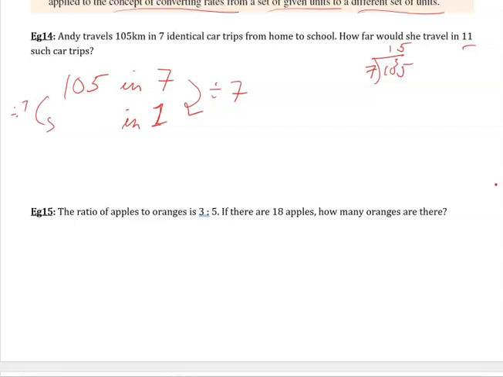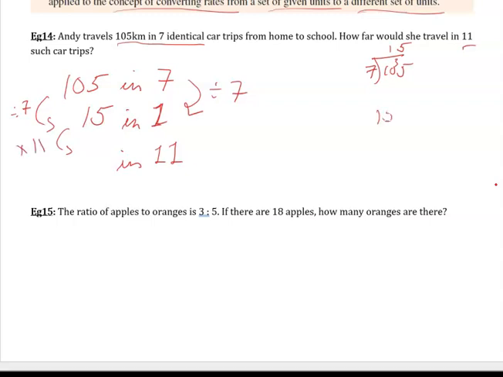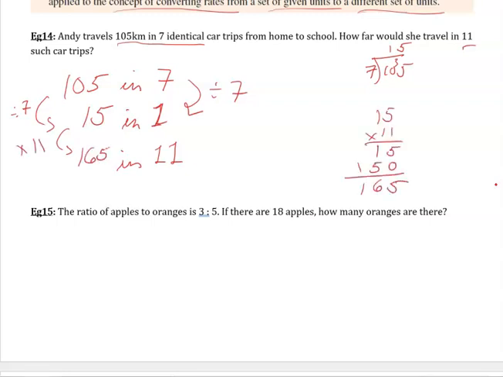If I divide 105 by 7, I get 15. So over 7 trips, in 1 trip she's going 15 kilometers, and we want to find out 11 trips, so we multiply that by 11 and find that she travels 165 kilometers.